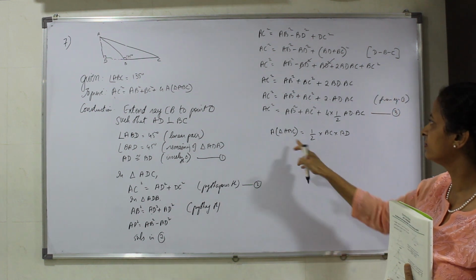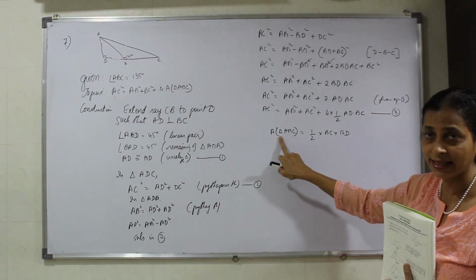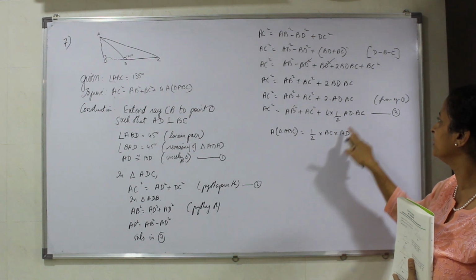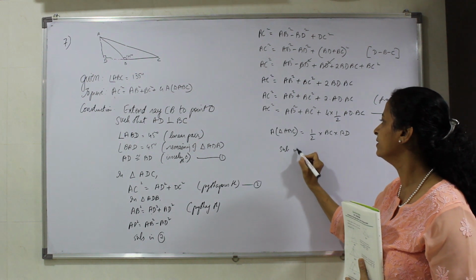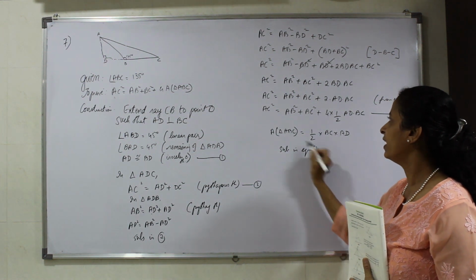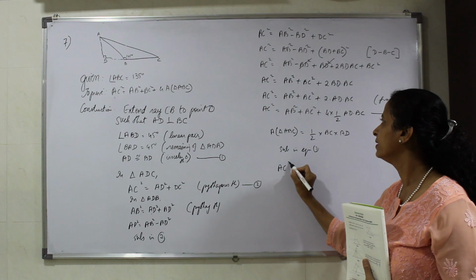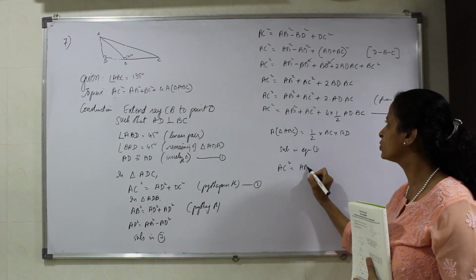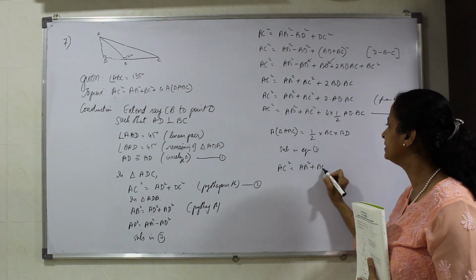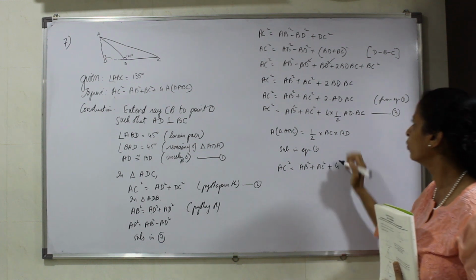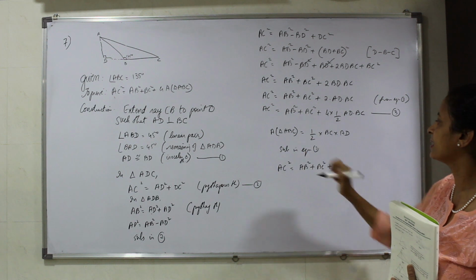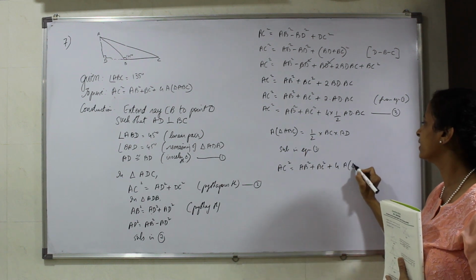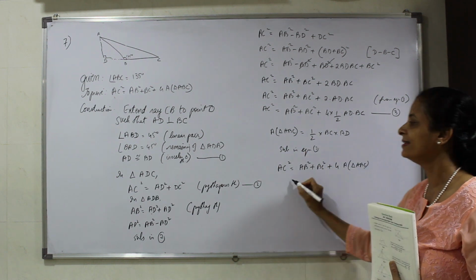Substituting this information, that the area of the triangle ABC is half AD into BC, in equation number 3, we have AC square is equal to AB square plus BC square plus 4 into, and this set is seen here as the area of the triangle ABC, and hence proved.